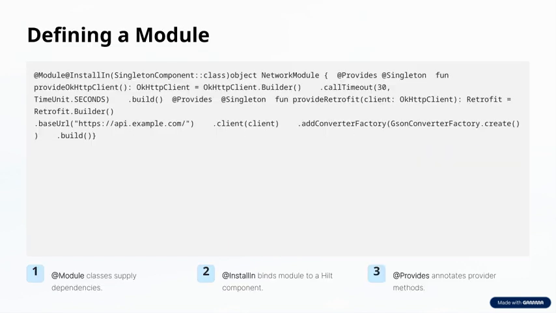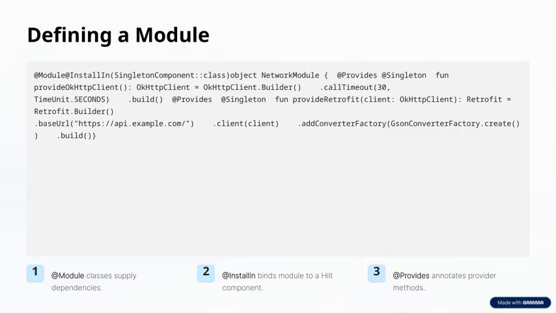Let's take a closer look at what a module is in this context. A module class, like NetworkModule here, supplies dependencies that our app needs. Think of it as a provider of essential building blocks. When we annotate it with @Module, we're essentially telling Hilt that this class will contain methods to create and supply objects.